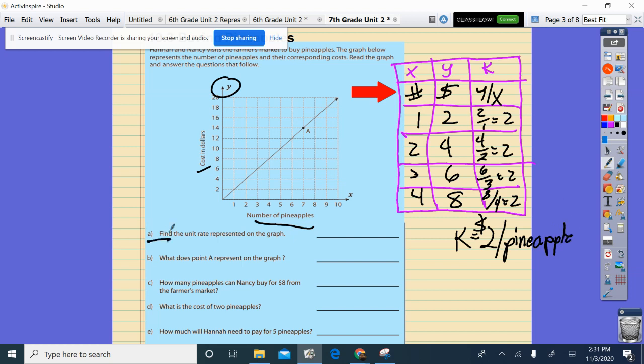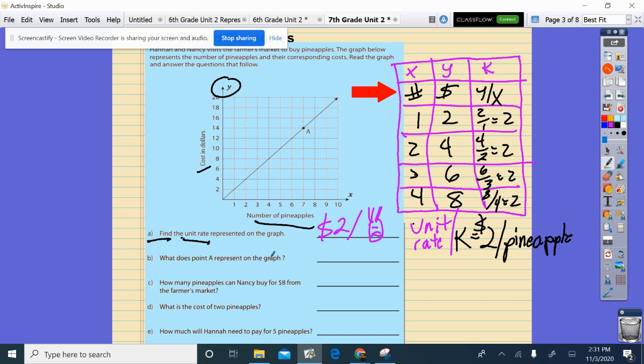And that corresponds with A, find the unit rate, because this is also the unit rate, or unit price in this case. So the unit rate is $2 per pineapple. And I'm just going to draw a pineapple here. It's not the best pineapple, but don't judge me.